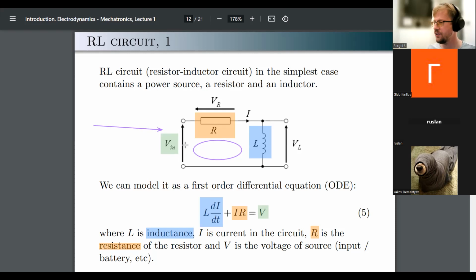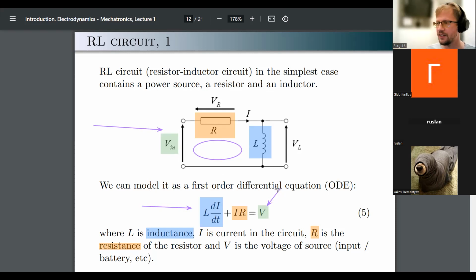As time goes to infinity, what would be the current in this circuit? Well, we can find this by solving this differential equation. We'll just put 10 here, solve the differential equation, and the solution will tend towards a certain number. So in this sense, this differential equation answers what we want to know.